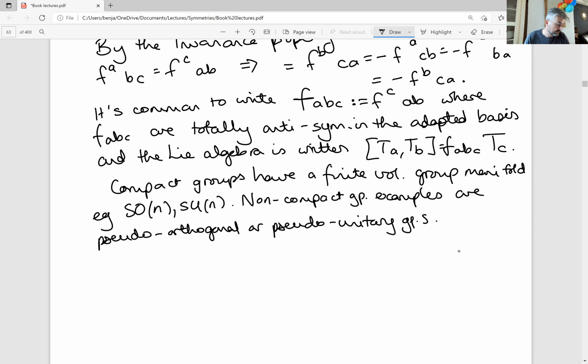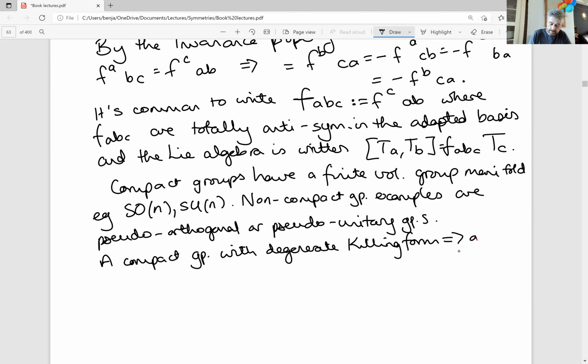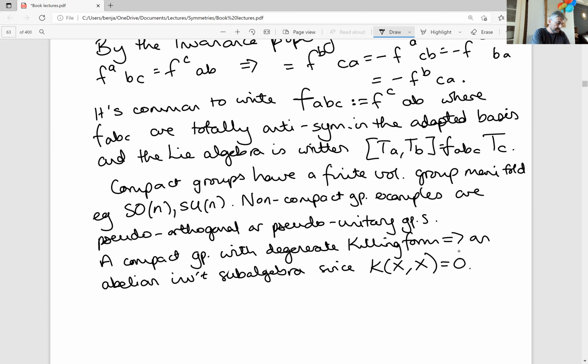So if you have a compact group with a degenerate killing form, this implies an abelian invariant subalgebra since, because it's degenerate, the killing form of some elements of the Lie algebra is 0, which implies that for some A at least, T adjoint is 0.